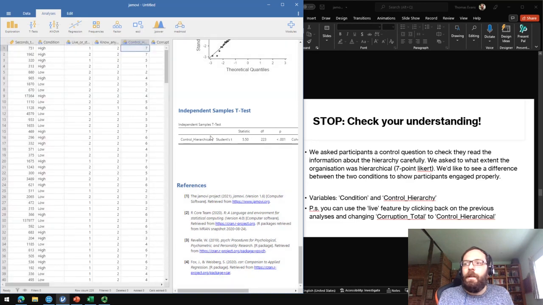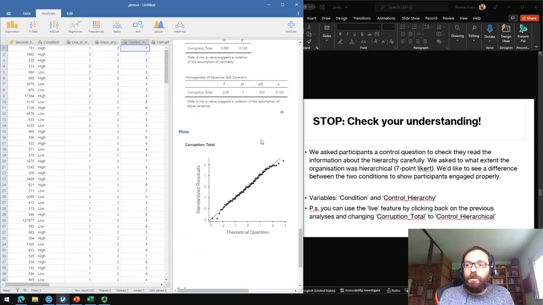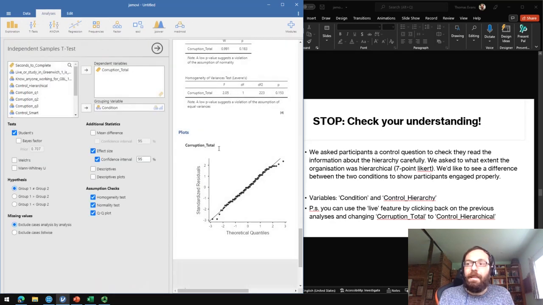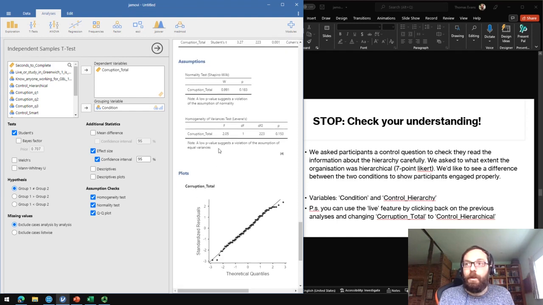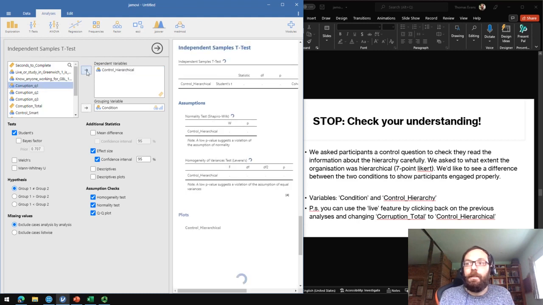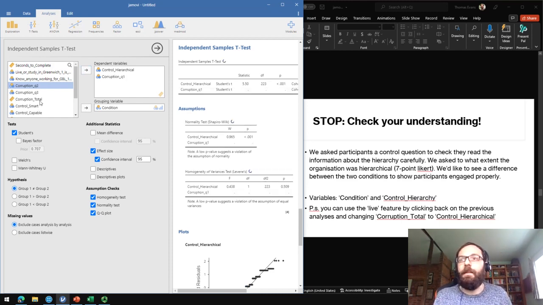You can play around with that in other ways too. Or if I get rid of this and claim that we never did that, you could have also gone back into the analysis above where we did look at the corruption total and just bounce in control hierarchy instead of that. So again, same sort of information, but different ways of doing it, both equally absolutely fine.